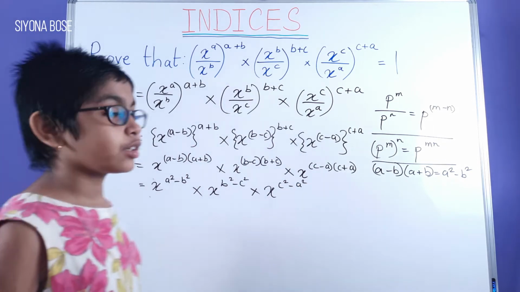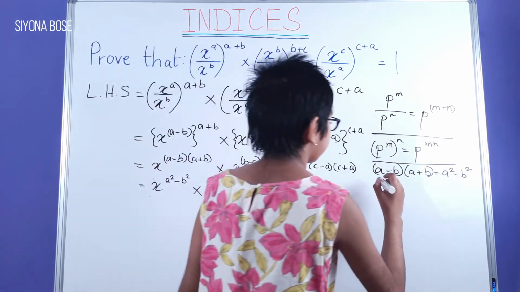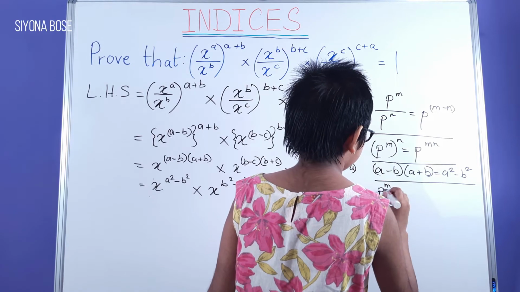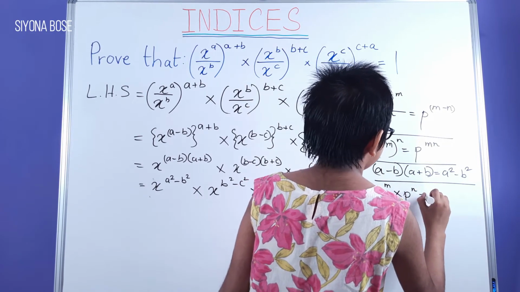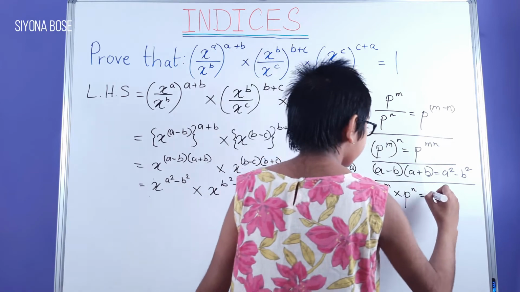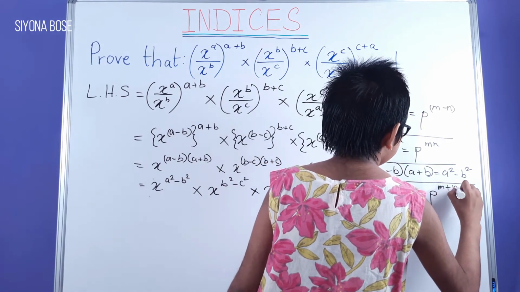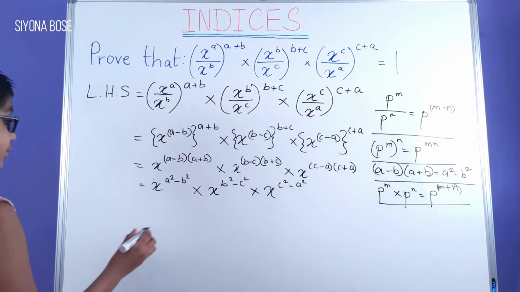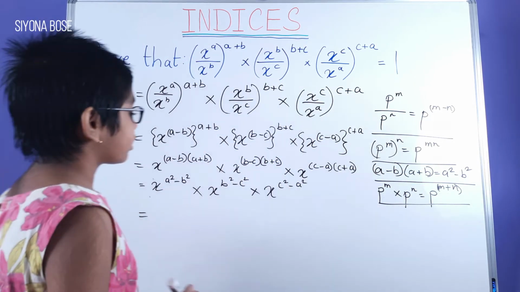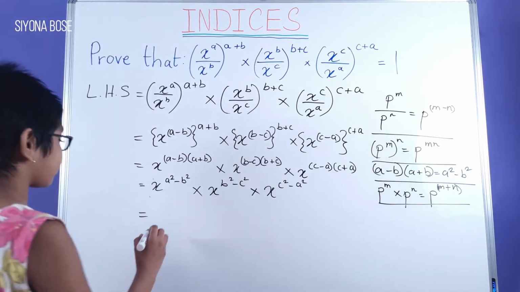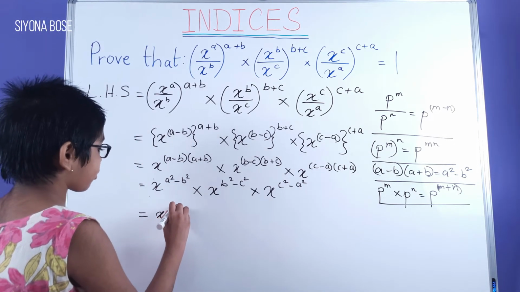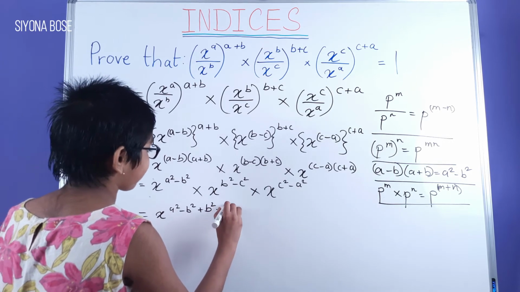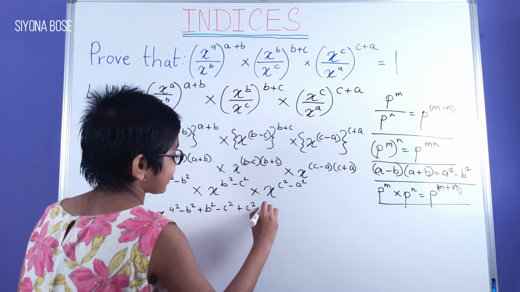And now, we know that if it's like p to the power of m into p to the power of n, it's equal to p to the power of m plus n. Keeping that in mind, we have x to the power of a squared minus b squared plus b squared minus c squared plus c squared minus a squared.